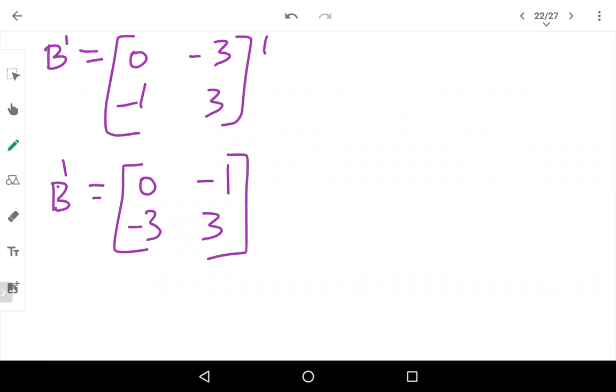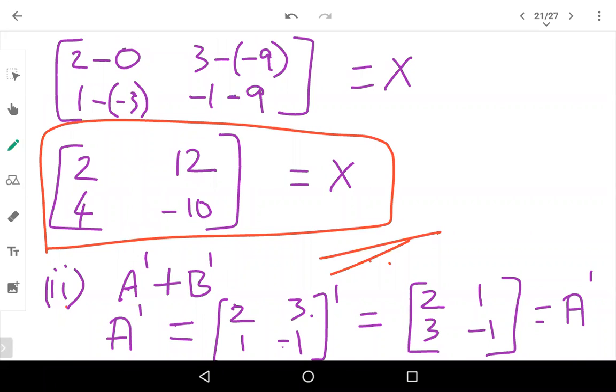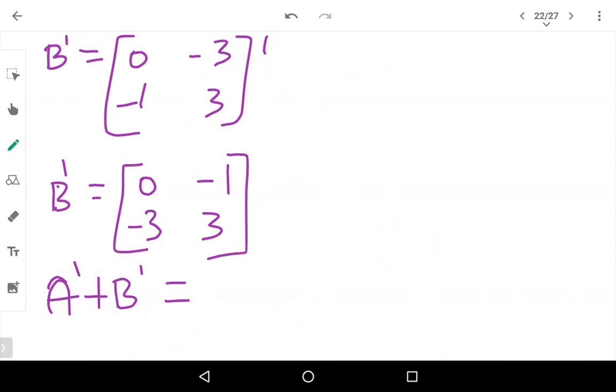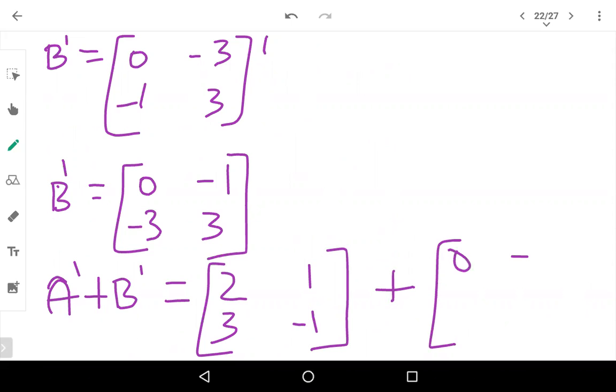Now finally they have asked us to find A transpose plus B transpose. We already know A transpose, which is 2, 1, 3, minus 1. Plus B transpose, which is 0, minus 1, minus 3 and 3.